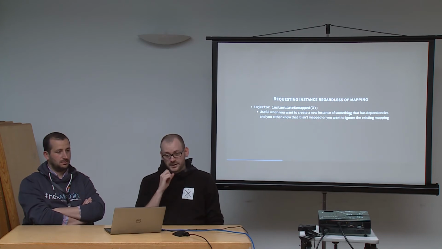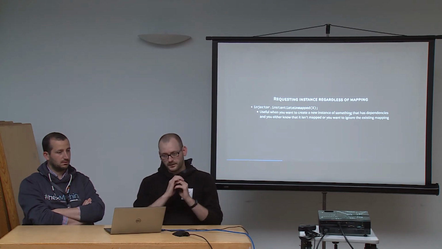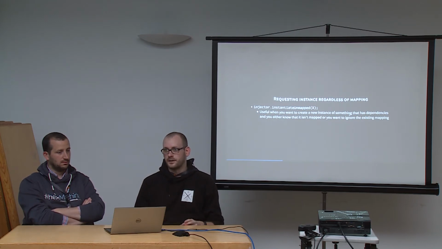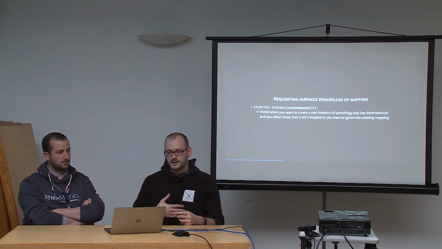And it actually skips the mappings as well. So if you have something mapped and you ask for an instance of that thing, it's going to ignore the mapping and just build you a new instance. You can be sure that you have a new one. You don't share the instance in case it's a singleton. You don't share the singleton, you get a new instance.